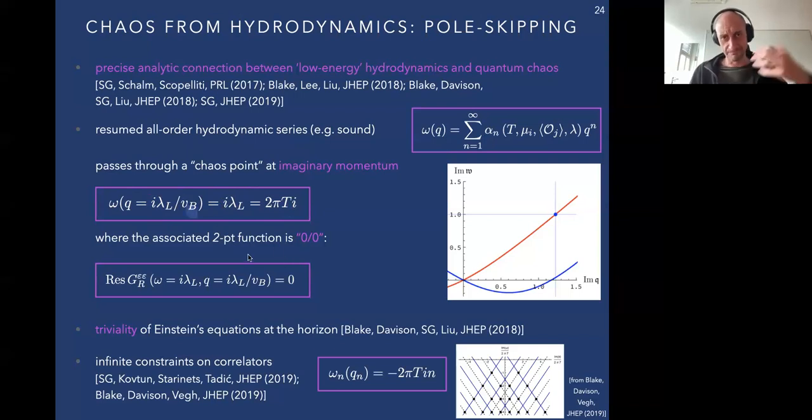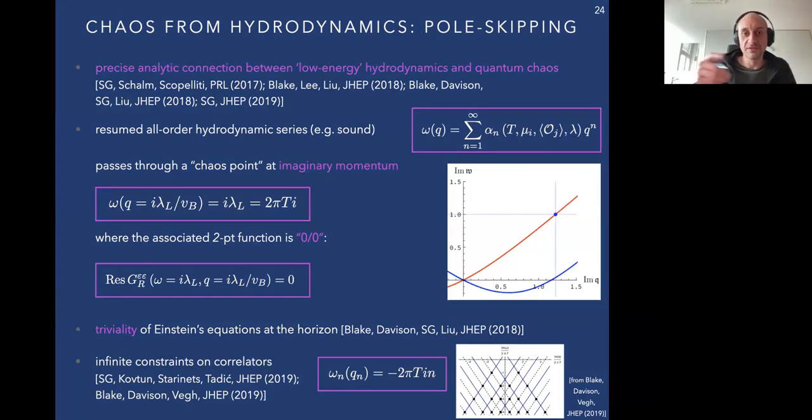Now, what is important about these points, which are now called pole skipping points, is that at these special points, the residue of the correlation function vanishes. In other words, the function is 0 over 0 at that point. So the whole Green's function is 0 over 0 at that point.